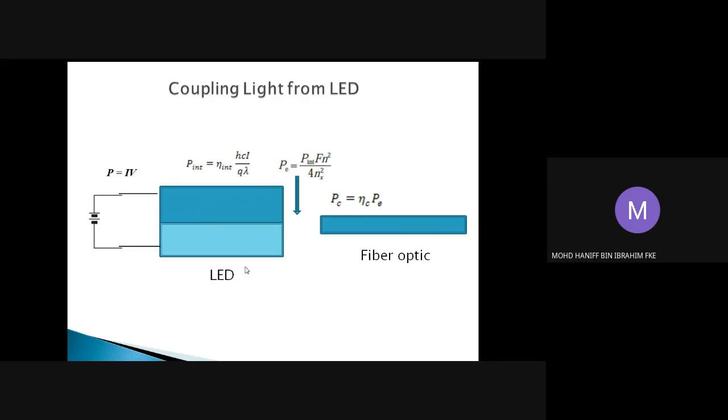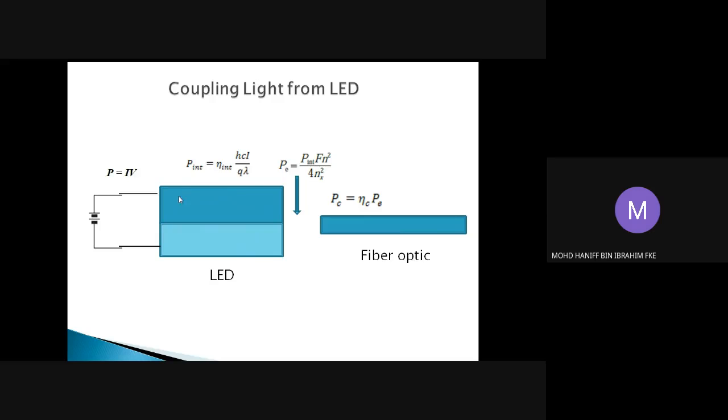Inside the LED, as we have done before, we have the internal quantum efficiency, eta internal, which, if we recall, is the ratio between the radiative recombination rate over the total recombination rate. Based on this internal quantum efficiency, we can calculate the amount of internal power generated by the LED itself.